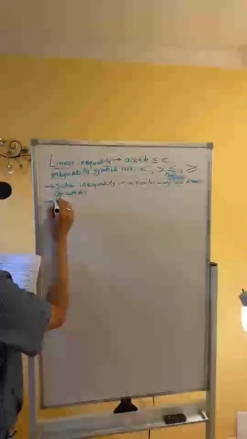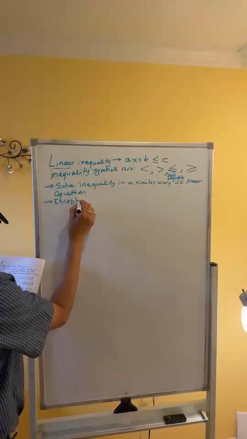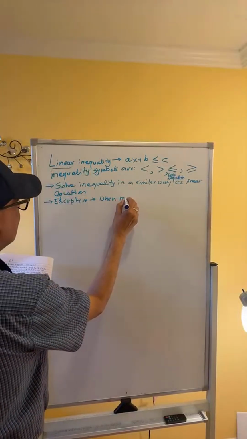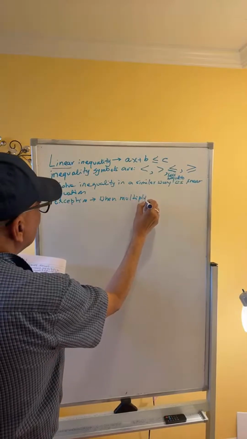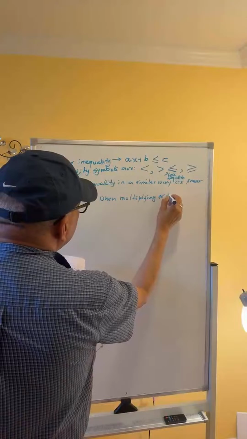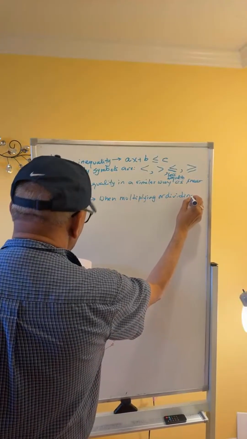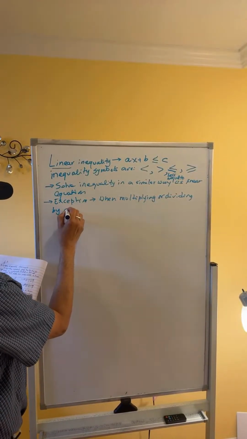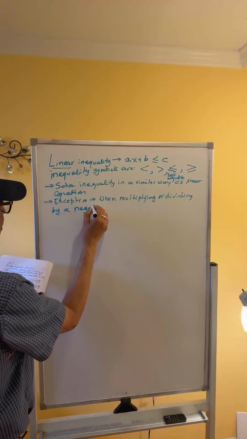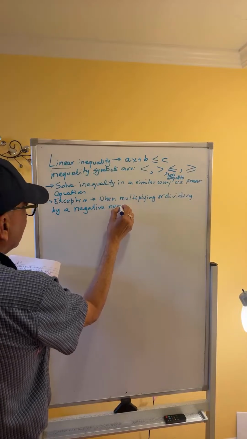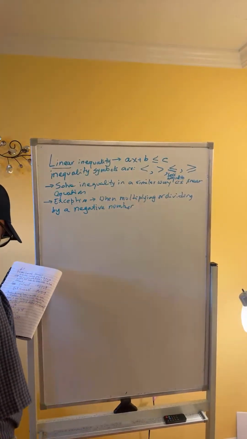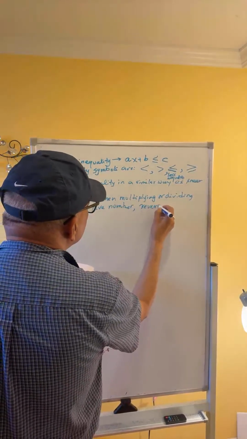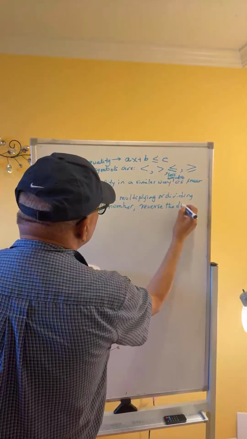The exception is when multiplying or dividing by a negative number, we have to reverse the direction of the inequality.